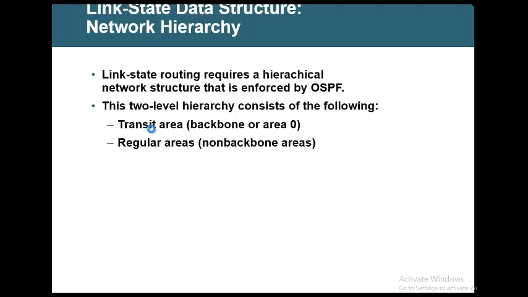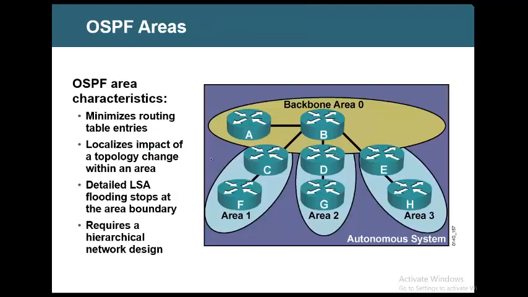So this area solves a lot of problems. You see, if any small network goes down here, it will only impact within that area. It won't go to other areas because we will do summarization here for all the networks.